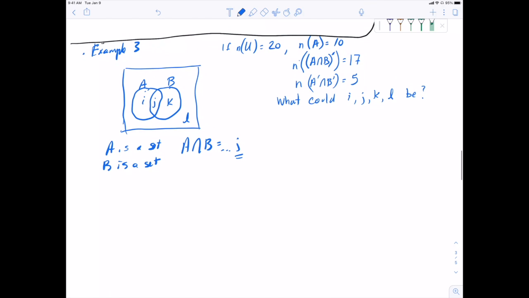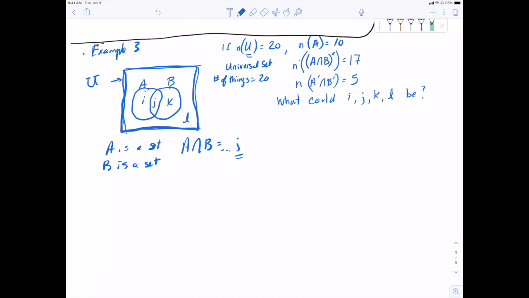So what he's asking here, let's just look at this. Remember, U is the universal set. So the number of things in the universal set equals 20 in the whole universe. So this is the universe, this big box.